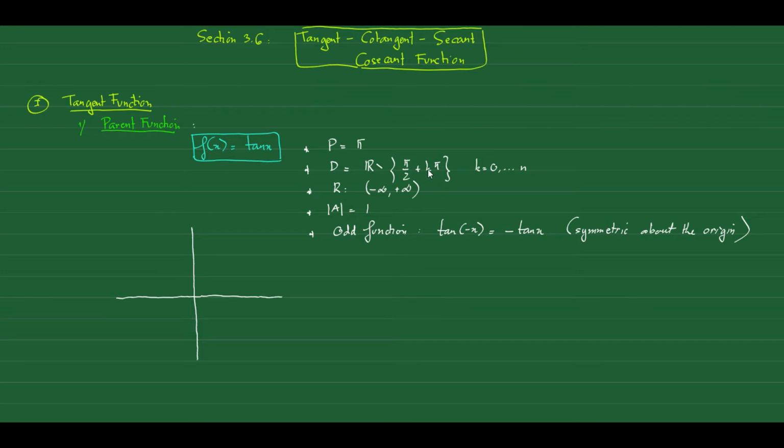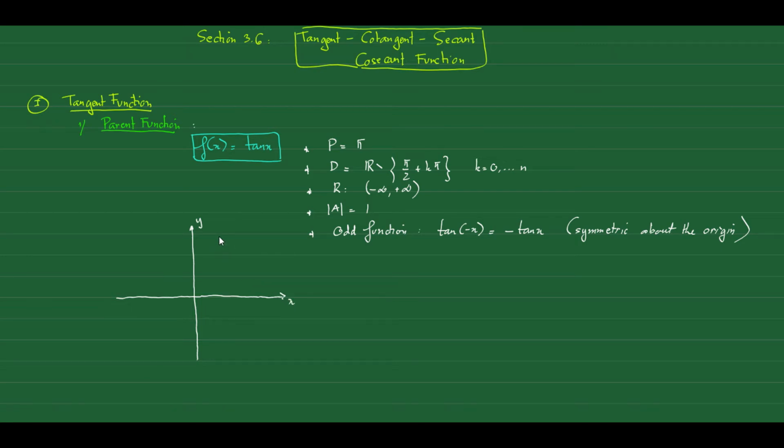Just think about if k equals 0. We have pi over 2, and we also have negative pi over 2 as the vertical asymptotes. So from negative pi over 2 to pi over 2, the period will be pi in total.